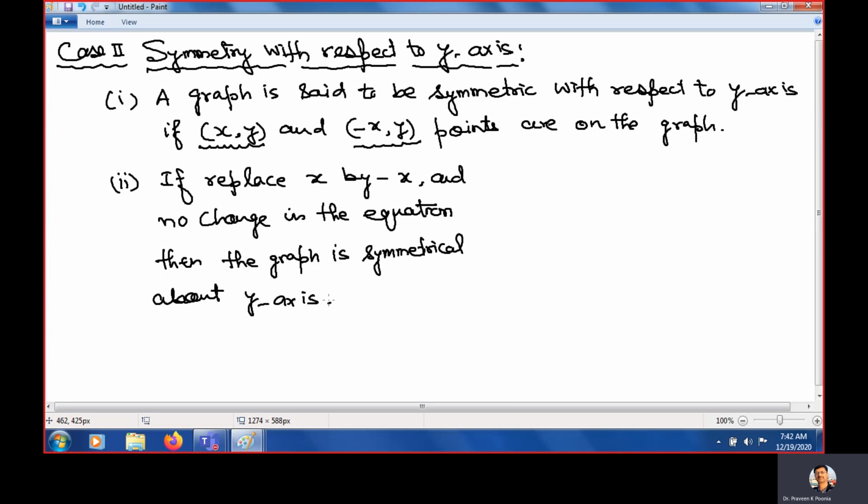So, my dear friends, like in the symmetry about the x-axis we changed y, now here we will change x.